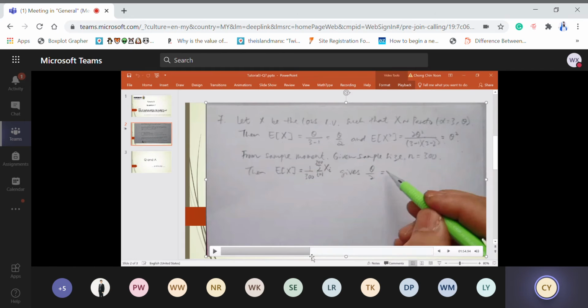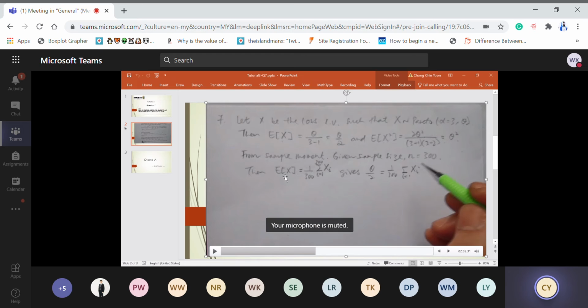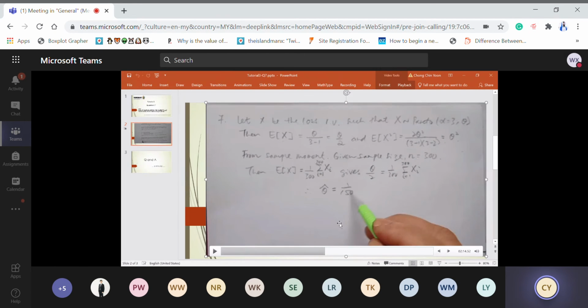Okay, then because this question asks to find the variance of theta in terms of theta, you have to get the information from your first raw moment that your theta will be equal to 1 over 150 multiplied by the summation of x. So once you have this connection, now take note here, we will use the capital X for the random variable instead of the value for this problem.